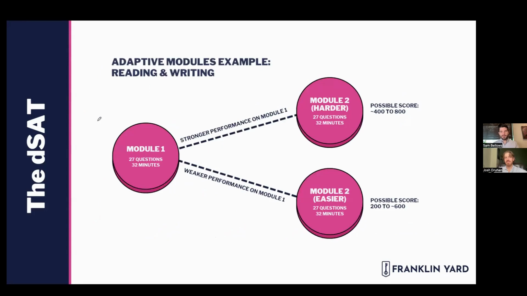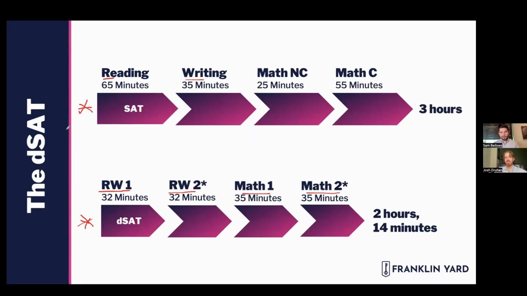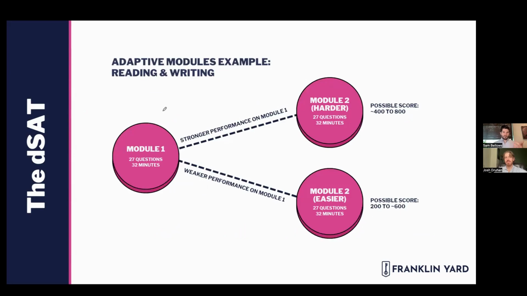So the new digital SAT is also adaptive. On that first module, like this one here for reading and writing, and this one here for math, students will get more or less an even blend of easy, medium, and hard questions.